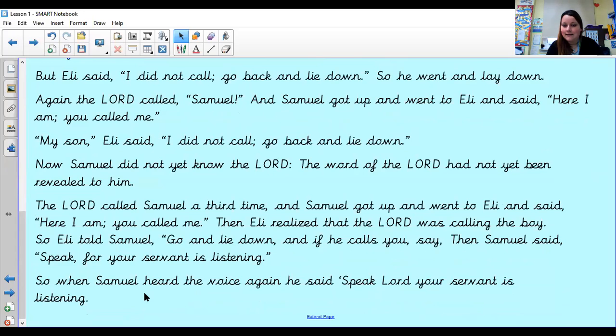Then Eli realized that the Lord was calling the boy. So Eli told Samuel, "Go and lie down, and if he calls you, say, 'Speak, for your servant is listening.'" So when Samuel heard the voice again, he said, "Speak, your servant is listening."